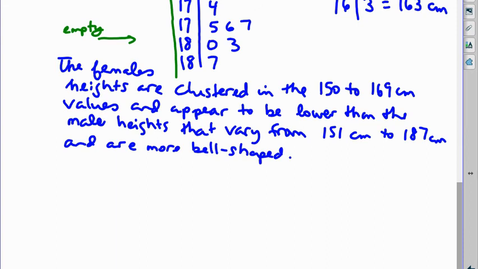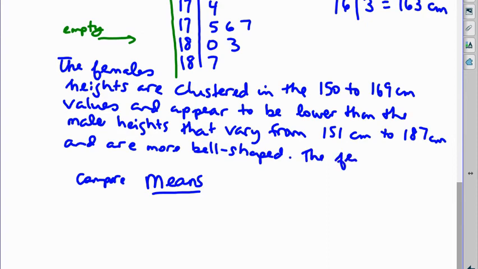And then what you might want to do is compare the means for each group. For example, the female mean is about 7 centimeters lower than the males.